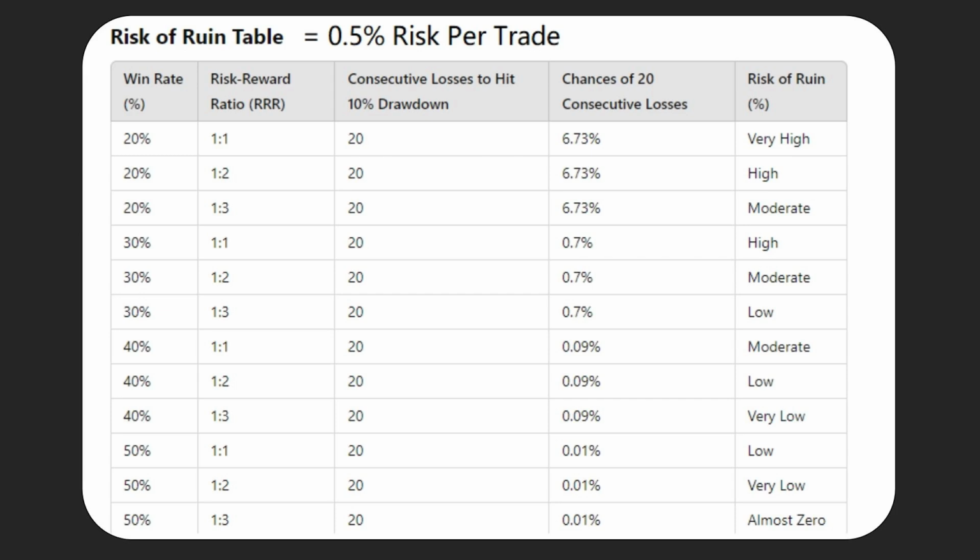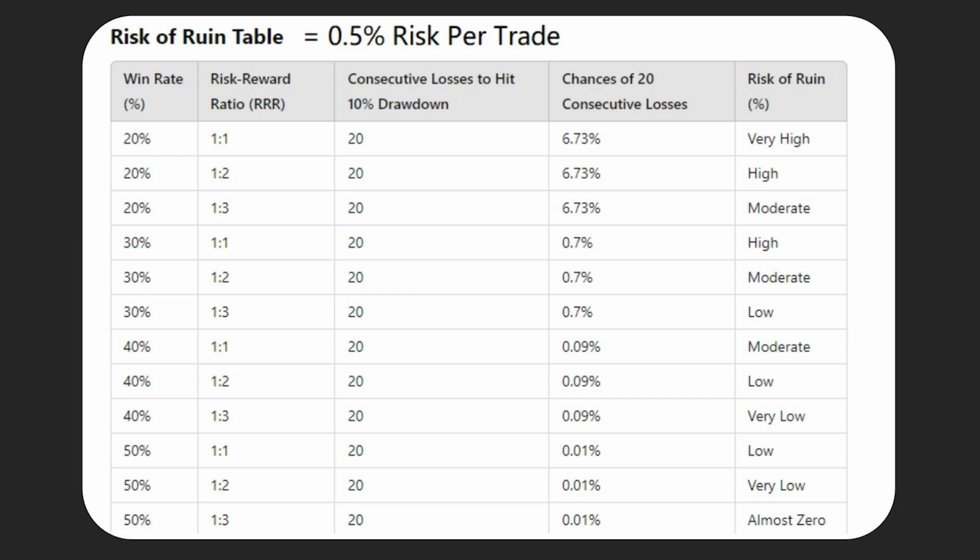You're not even risking bigger than that, right? This data only considers trades where your risk is only 0.5%, and still you can see that your risk of ruin for those win rate and risk to reward combinations is higher than 70 and 90%, because the edge is pretty low in those cases.